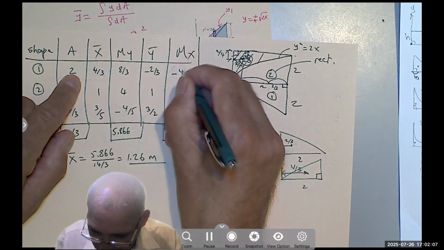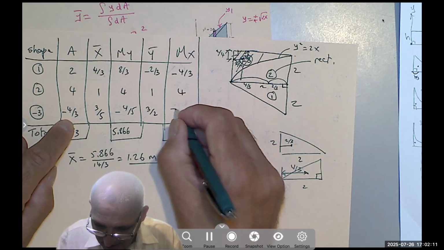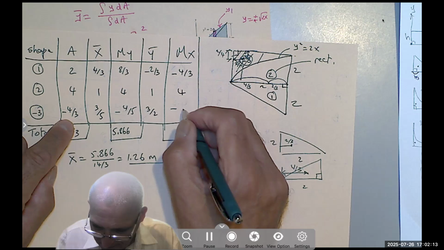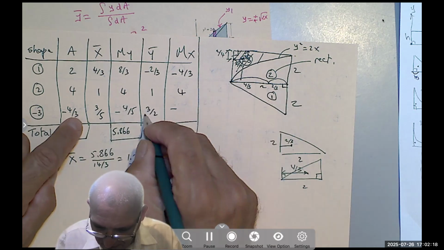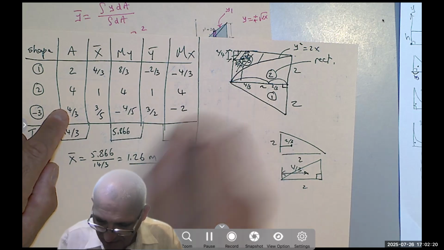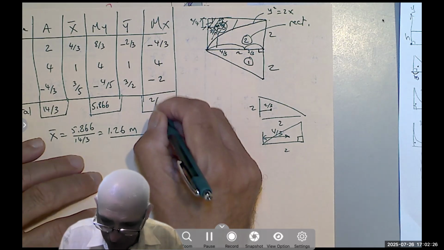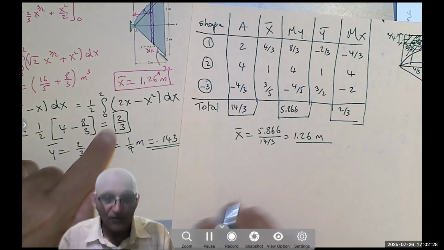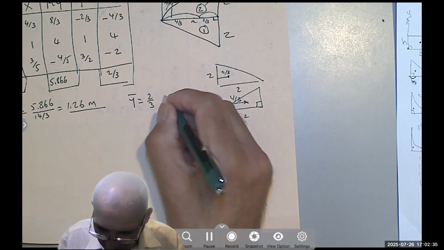Negative 4/3, positive 4, negative 2, right? The 3 and the 3 cancel, and negative 4 over 2 is negative 2. So you get 2 minus 4/3. 2 is 6/3 minus 4/3 is 2/3. Guess what? 2/3.